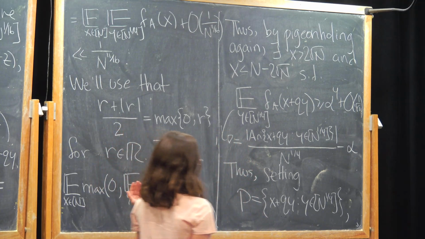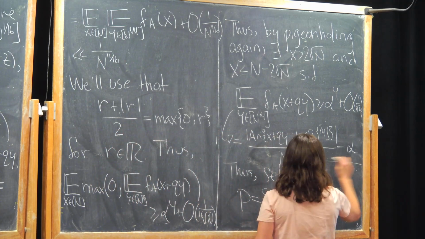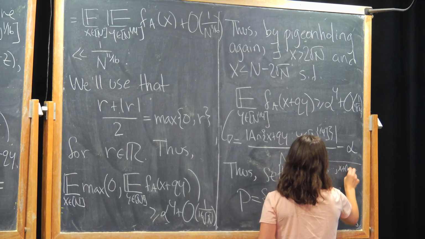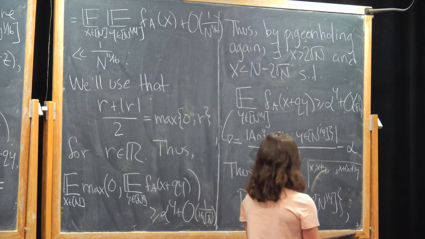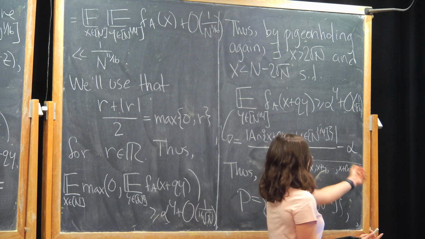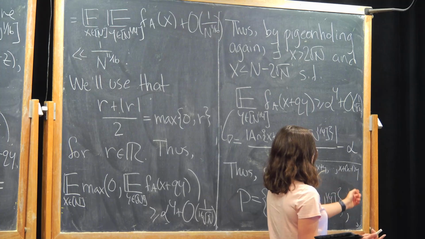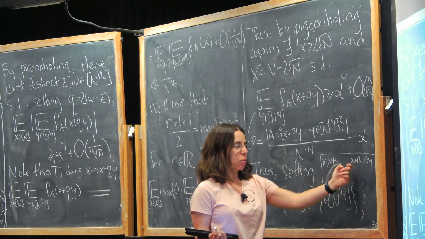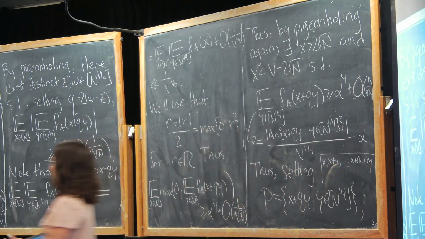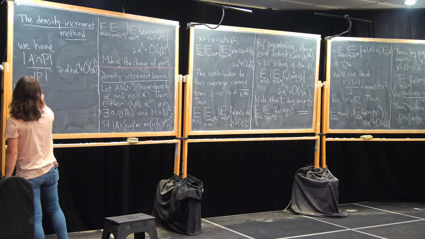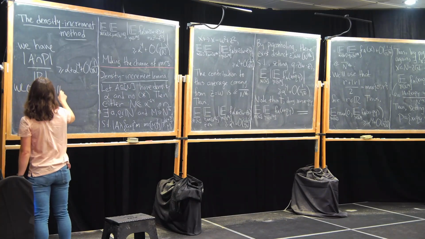If you have a progression x plus y up to x plus (k minus 1) times y, you can either view this as a k-term arithmetic progression with common difference y starting at x, or a k-term arithmetic progression with common difference negative y starting at x plus (k minus 1) times y. But what was important, and why we did some of this maneuvering, was that Q is non-zero. So without loss of generality, Q is positive.